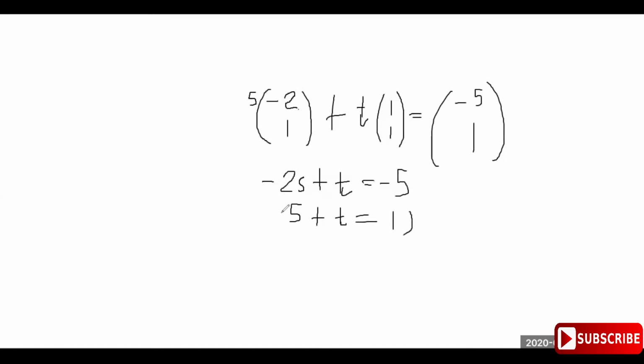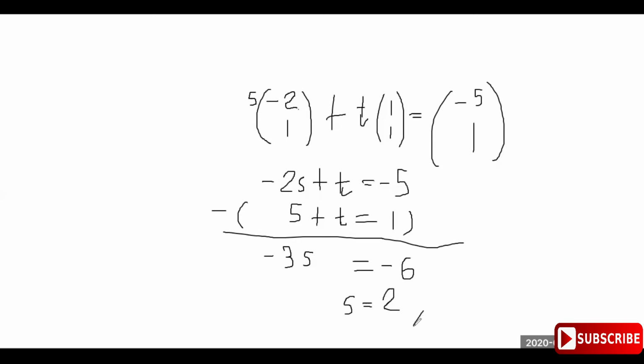So from these two equations, I can subtract them. I find that negative 2s minus s, that's negative 3s, is going to be equal to t minus t, that's gone, and so I get minus 6. So s is equal to 2.